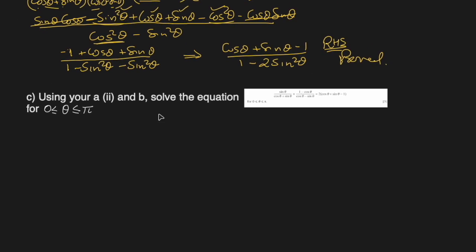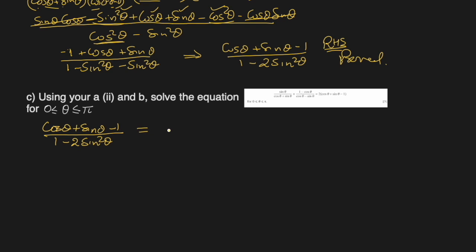Solve the equation, this one. Okay, so this one was our LHS, which became RHS, this one. So I can write this one in place of the left hand side. Let me write it. In place of this, I'm writing what I got here: cos theta plus sin theta minus 1 over 1 minus 2 sin square theta.